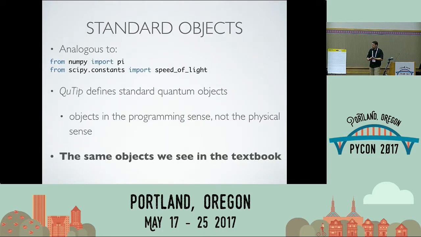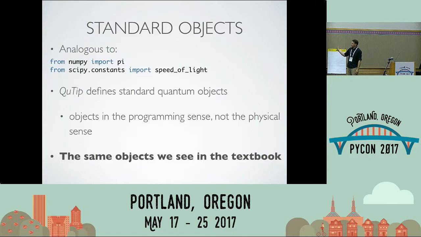But what I mean by standard objects is that this puts quantum mechanics into the same category as some of these things that you could get, like from NumPy importing pi, or from the SciPy constants library importing the speed of light. All these other things are becoming more available by these libraries that Python has available to us. We can now import lots of standard quantum objects, not in the physical sense like an electron or a proton, but in the programming sense.